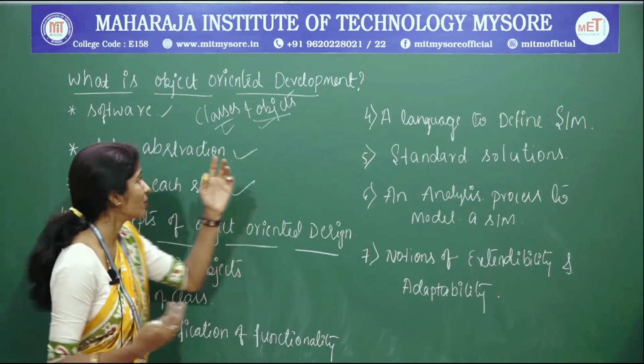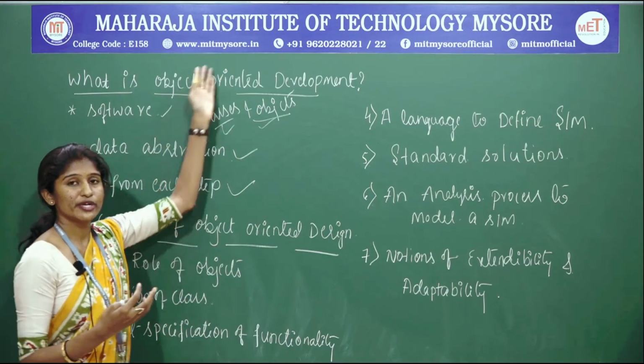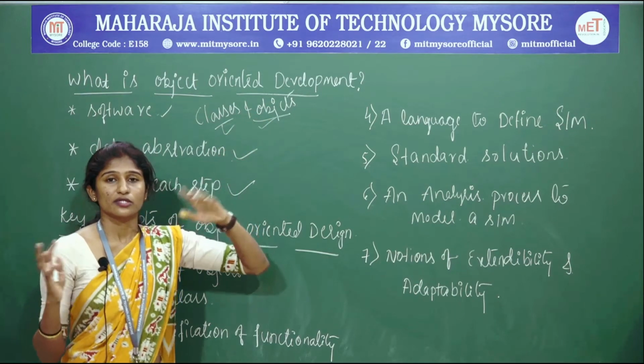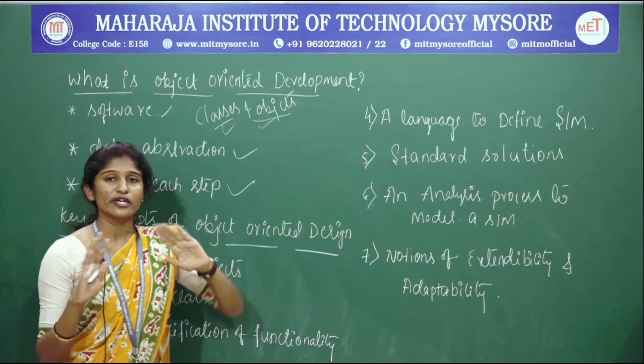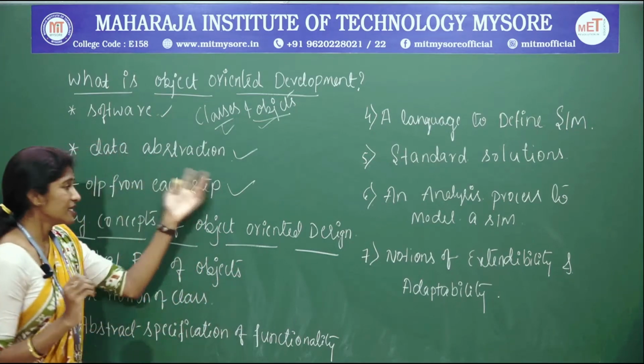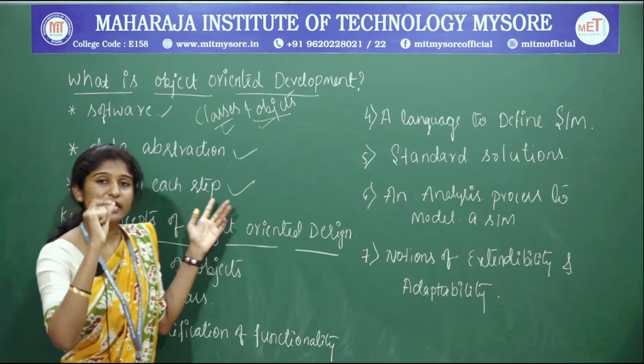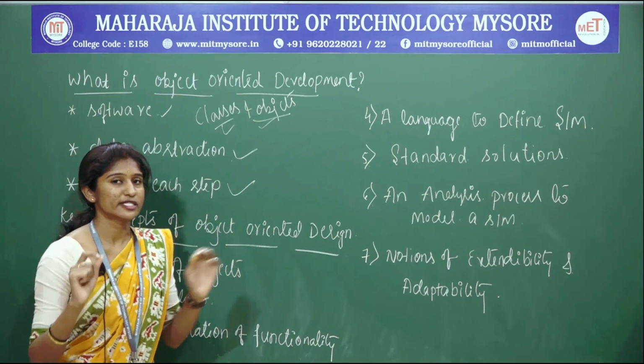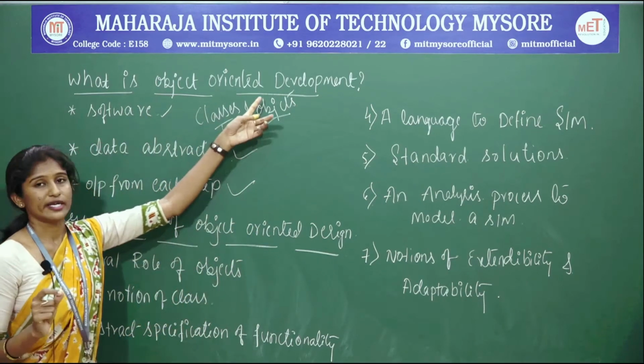Those things you know. Object oriented programming provides data abstraction, where it divides the procedures and data into different modules, and then you can expect the output in each and every step of programming. Those are the key concepts of object oriented development.